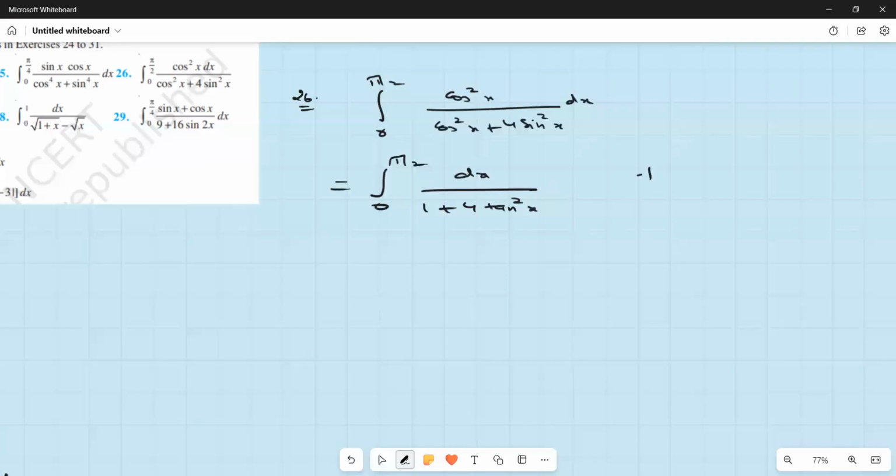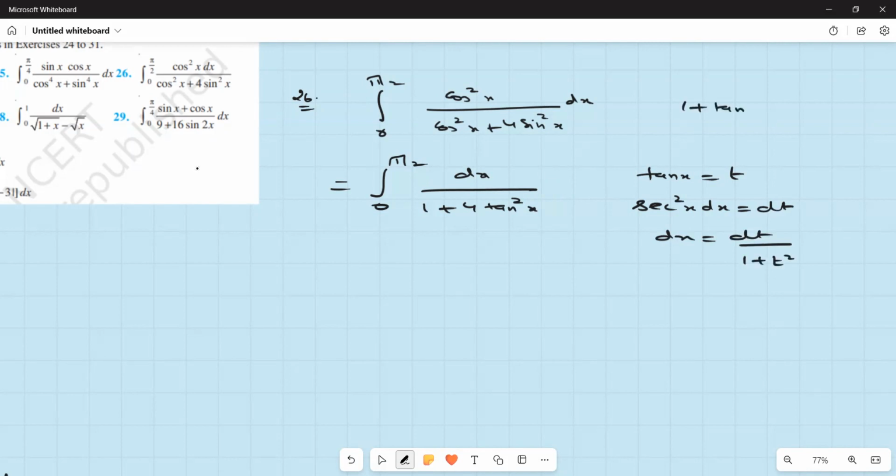Now if I take tan x as t, sec square x dx is equal to dt. So dx is dt upon sec square x, which is 1 plus tan square x, so 1 plus t square. Why? Because 1 plus tan square x is equal to sec square x.